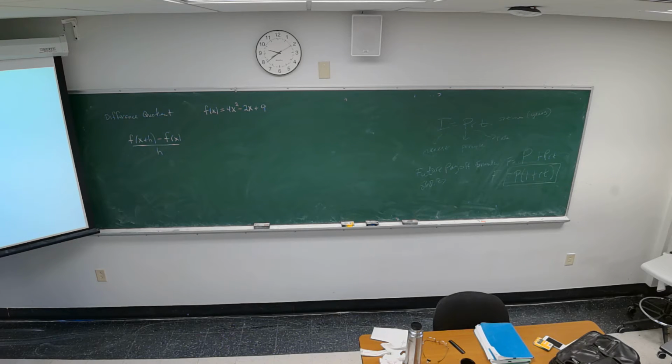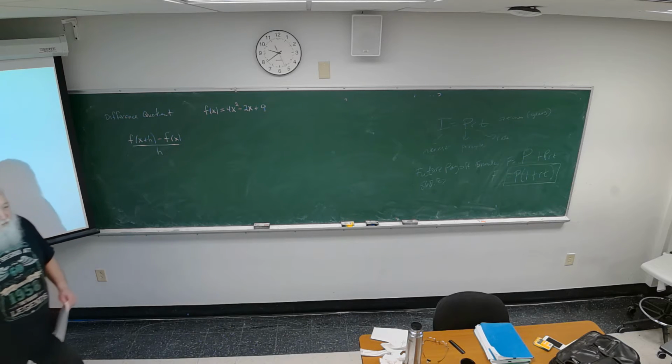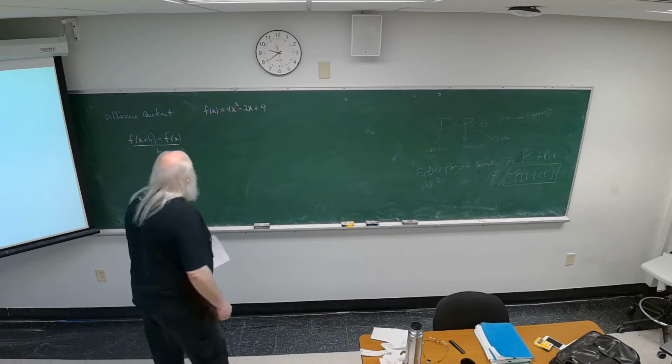First, we're going to evaluate the function f at x plus h, find f of x plus h. Then we're going to find this difference, f of x plus h minus f of x. And then we're going to divide this difference by h, right? And then we'll have computed the difference quotient, okay?